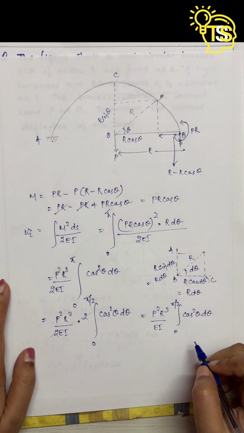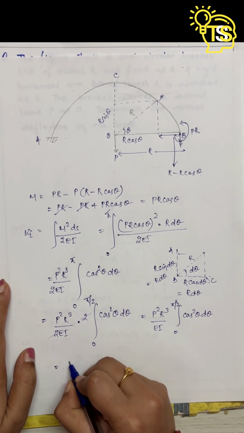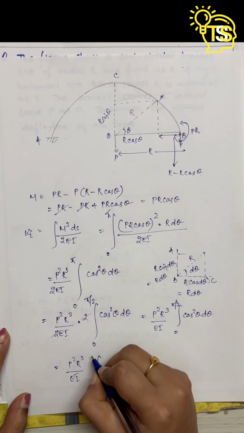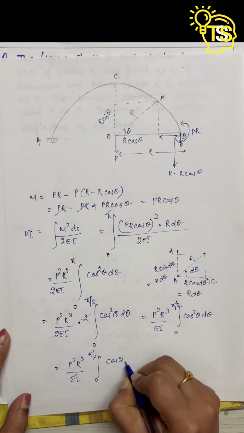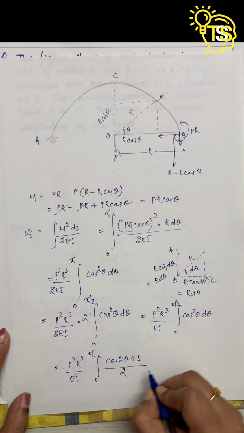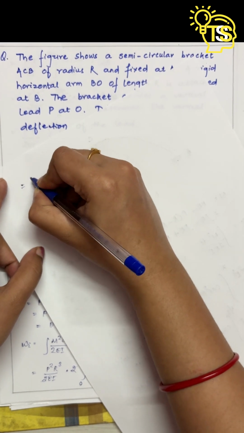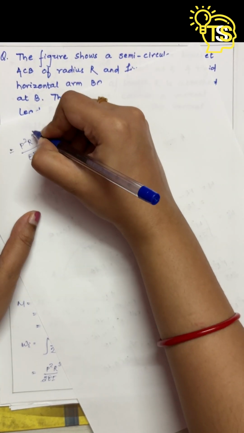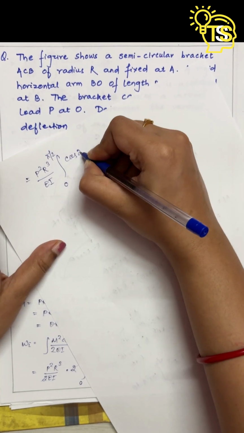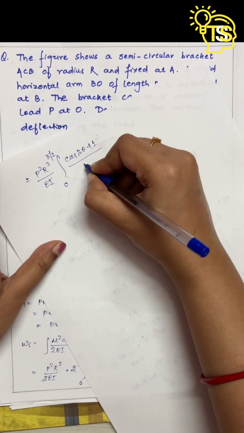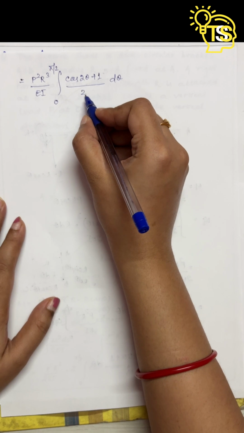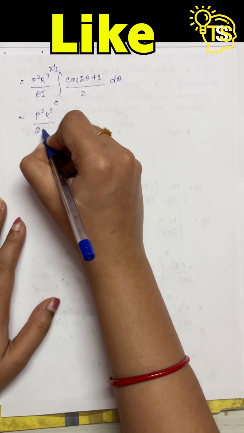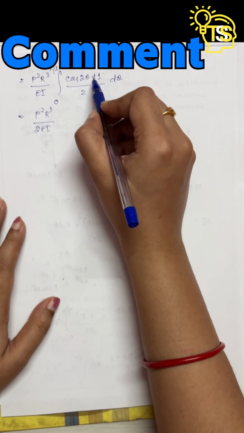In place of cos square theta, we can write (cos 2 theta plus 1) upon 2 d theta. Let's take this 2 outside the integration. We will get P square r cube upon 2EI, and let's divide the terms.